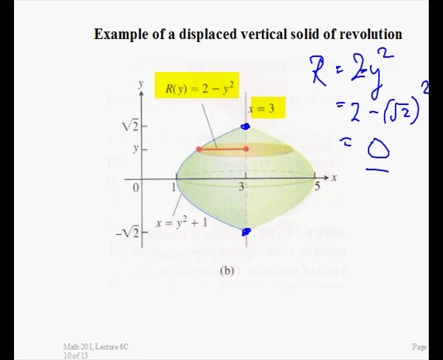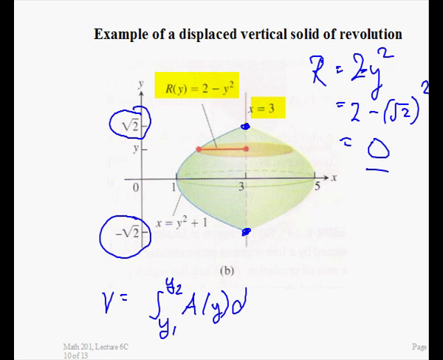So we're going to be integrating in y from minus the square root of 2 to the square root of 2. So now we've done the whole thing of rotating it and displacing it, but you can see it's basically the same procedure. I'm going to take the volume, and the volume is going to go from y1 to y2 of the area, which varies with y, times dy. Because it's a solid of revolution, the areas are circles.